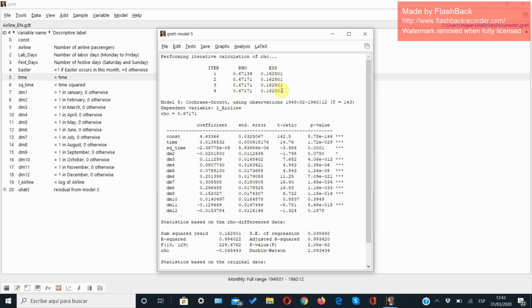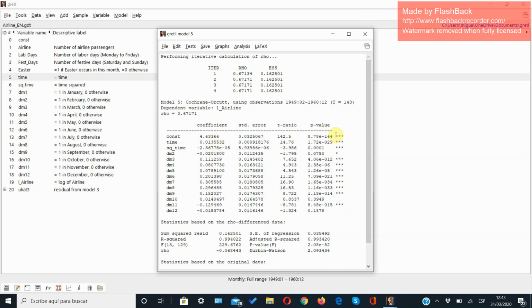So we got to a stable solution with this rho coefficient. This would mean that the residual at time t is 0.67 times the residual at time t minus 1 plus an uncorrelated error. And this would be the model for the errors of this equation.